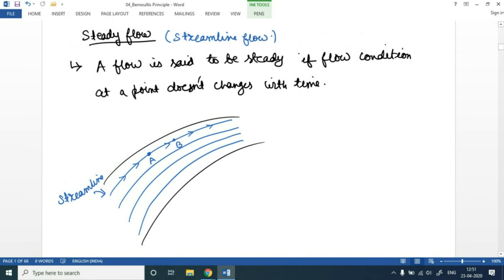You might have studied the pattern of electric field lines, gravitational field lines or magnetic field lines. Similarly, you can study the pattern of streamlines also.